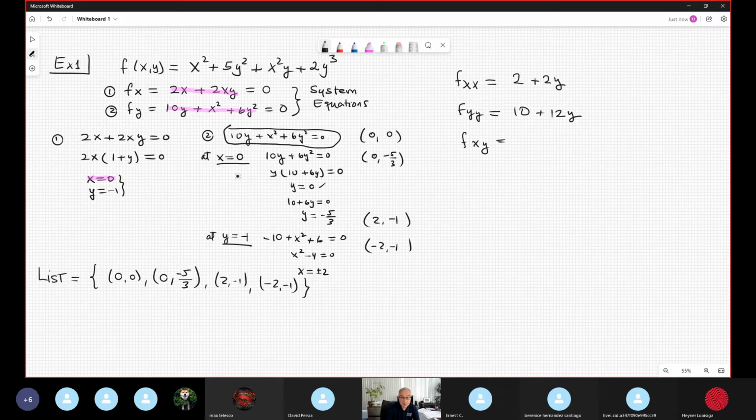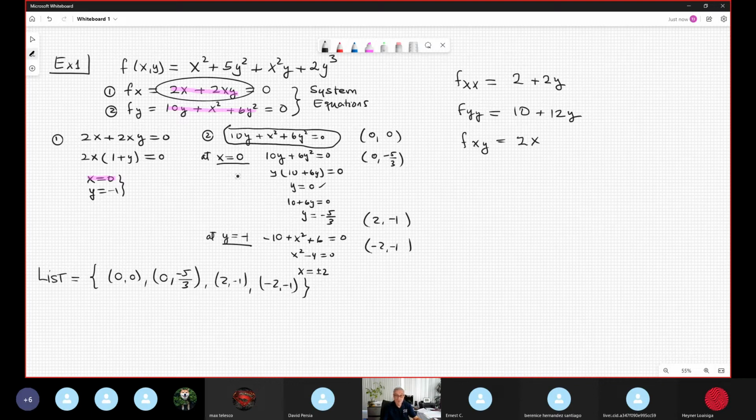This is the double derivative with respect to y. And for fxy, I take the first one again and differentiate with respect to y. The first part is constant, the second part no, and thus the answer is 2x, because 2x you consider the constant, and derivative of y with respect to y is 1. Cool?